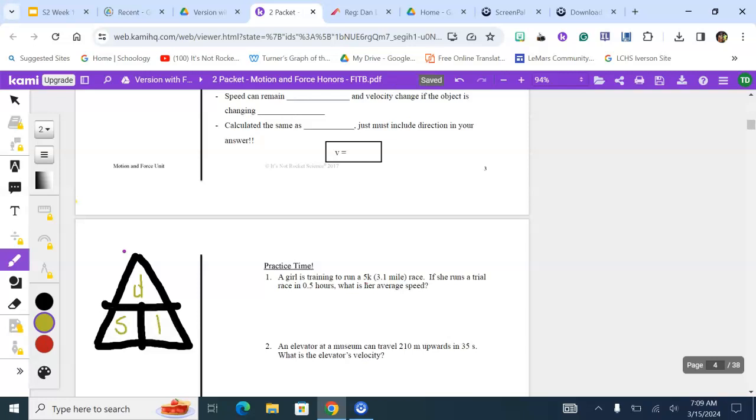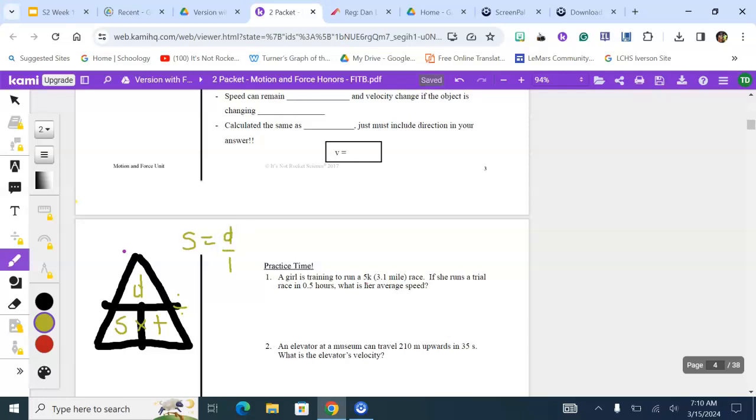Speed and time are going to be on the bottom. Now, this line represents multiplication. This line represents division. So if you are solving for speed, just put your little finger over the S, and what's left?